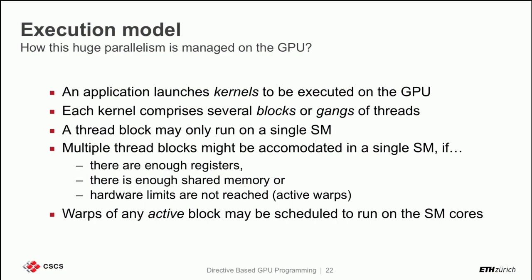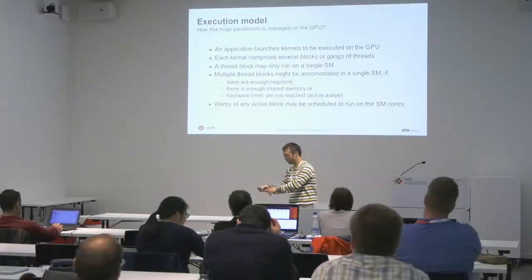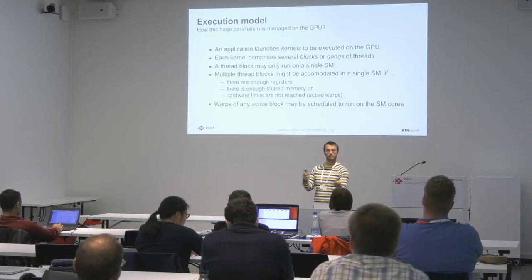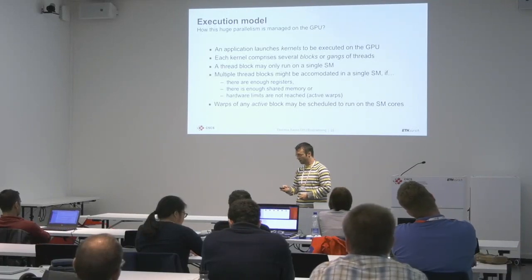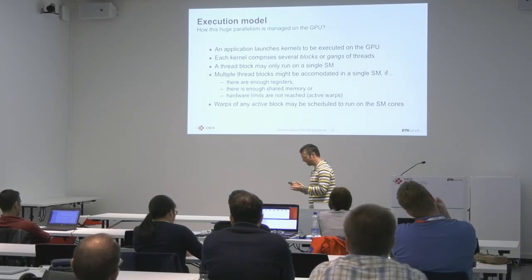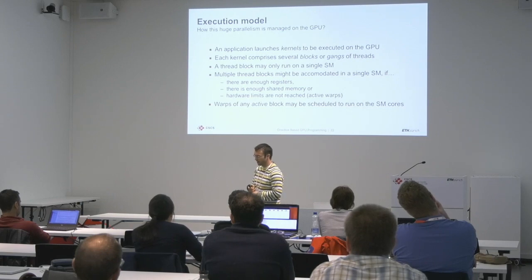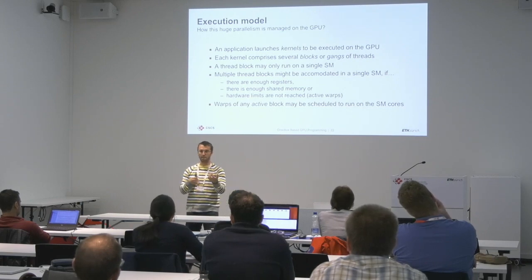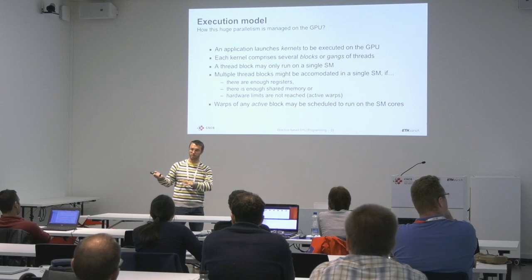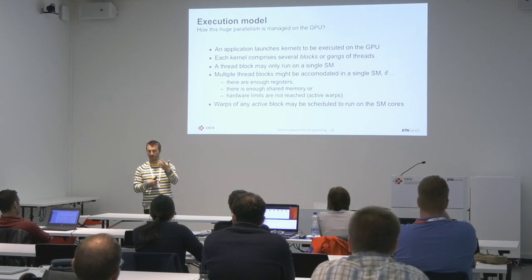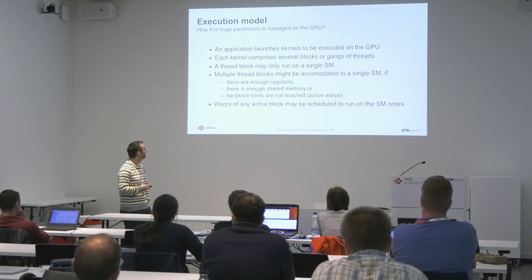So it's basically the function that will run your code on the GPU. So the host launches kernels on the GPU. Technically, it transfers some parameters to the GPU, and then initiates the execution.